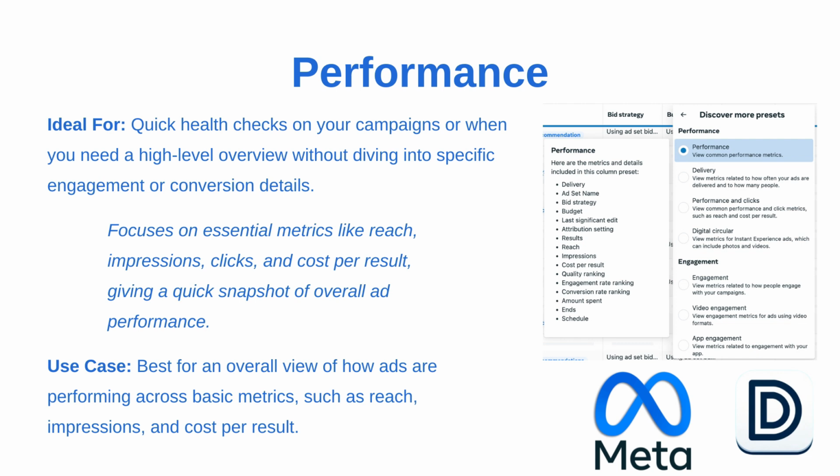The performance preset is best for an overall view of how ads are performing across basic metrics, such as reach, impressions, and cost per result. It's not very detailed, but it does give you a 50,000-foot view of everything that you need to see, so that you can begin to understand where you might need to dive deeper.